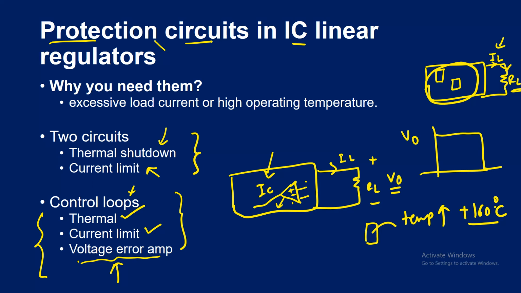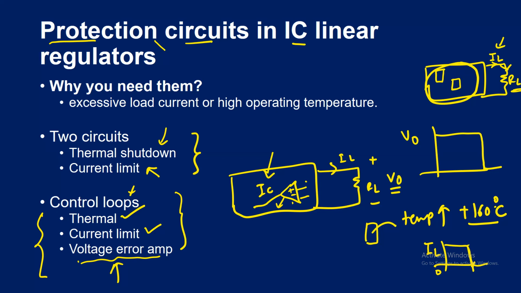And in thermal limiting, the output voltage also drops, and the load current can be reduced to any value, including zero. The load current can be reduced accordingly, up to zero.